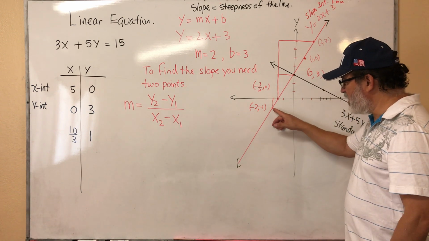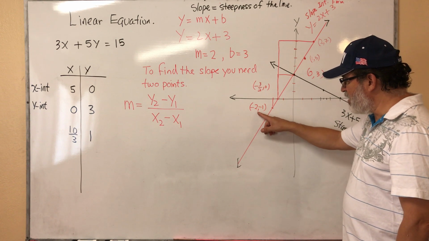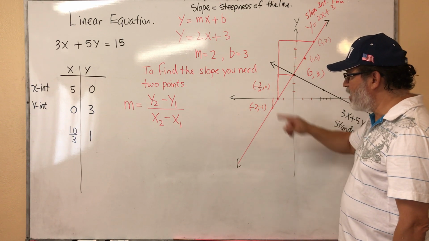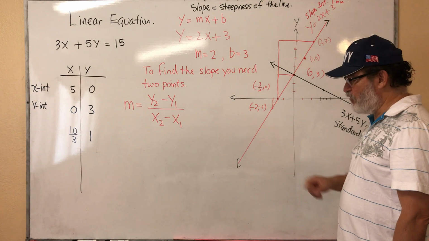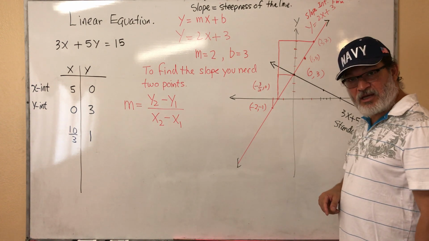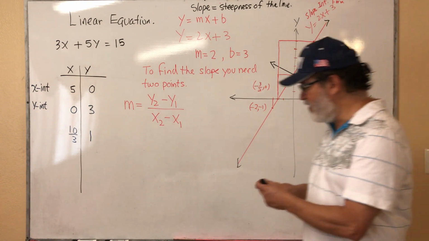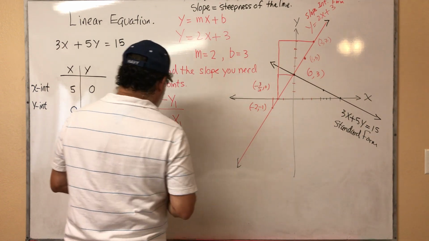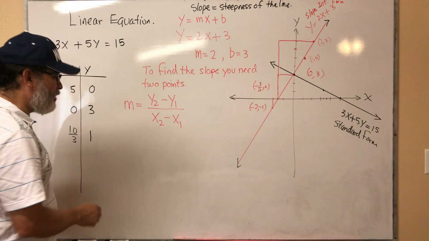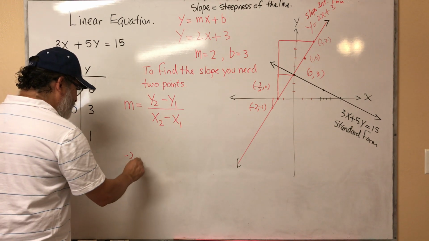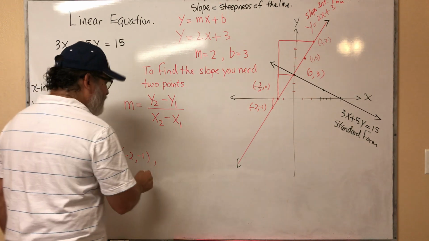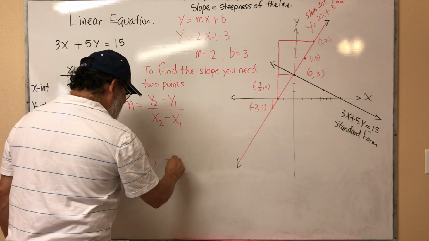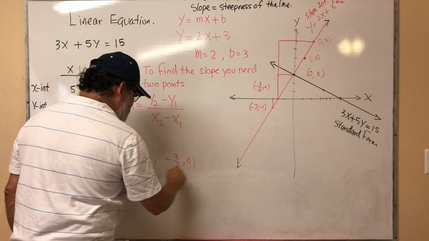Here's one point right there, and this point is there. If we use the formula, we're going to get 2 again. What points do we have? From this point to that point. Here are the points: (-2, -1) and (-3/2, 0).